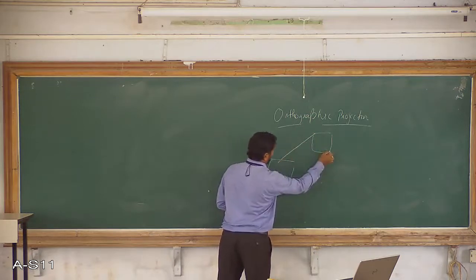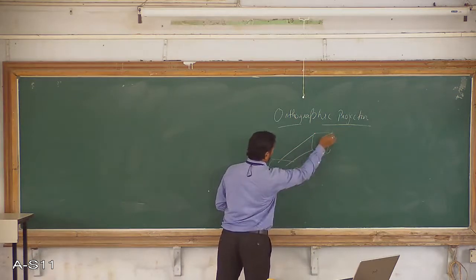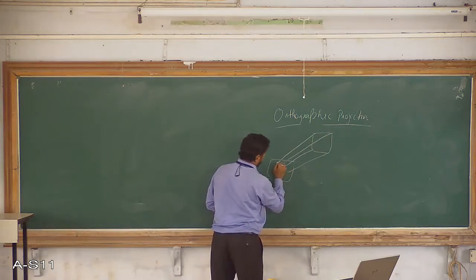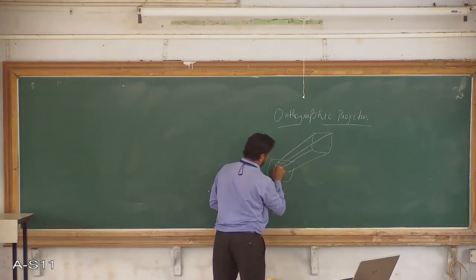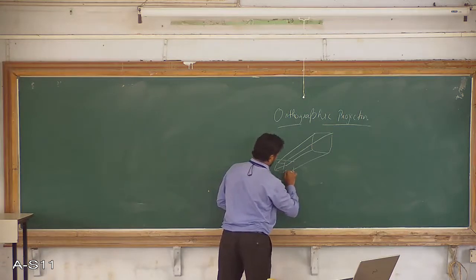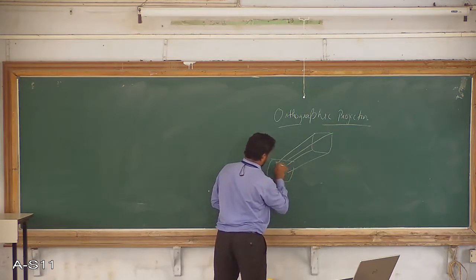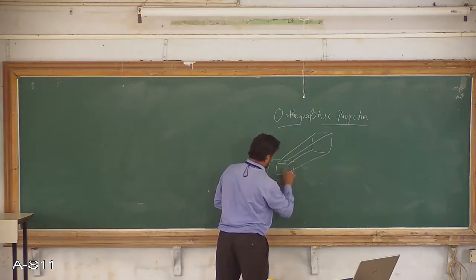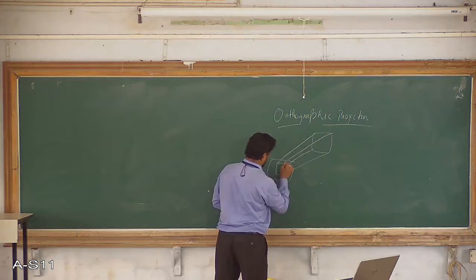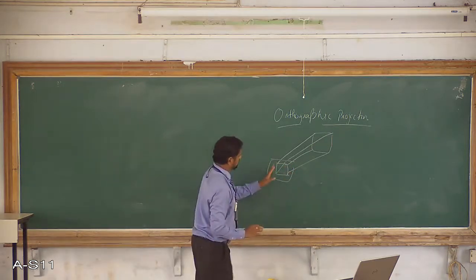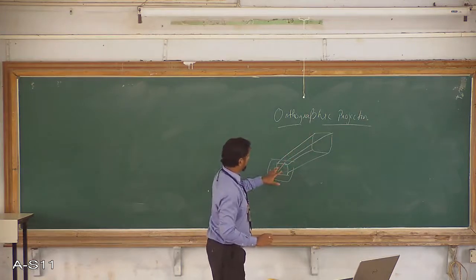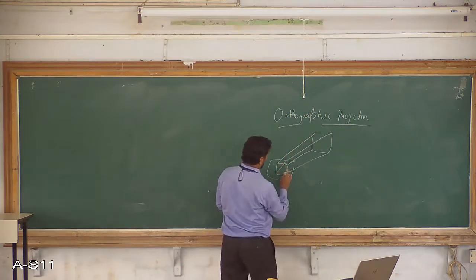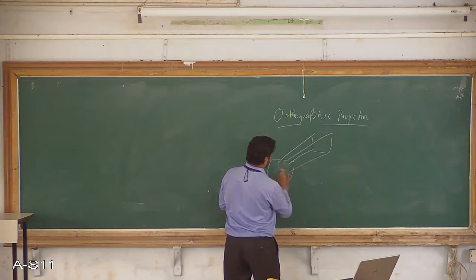All views are parallel, so the object will be prepared the same way it is. So probably this is how the object is prepared. Somewhat like this. So every corner is meeting here the same way. One second, I'll draw properly.